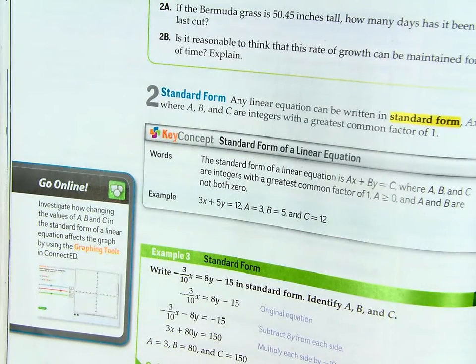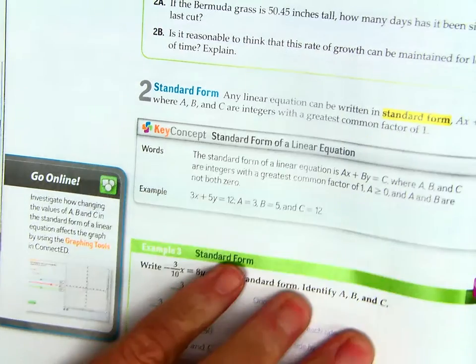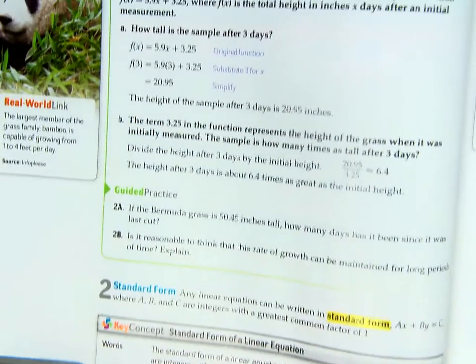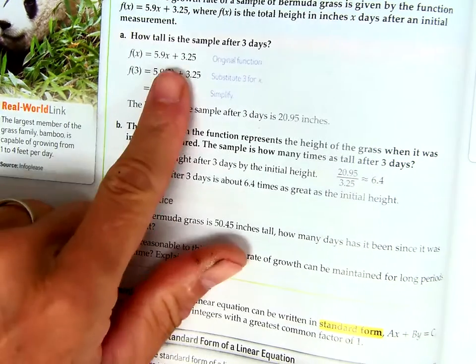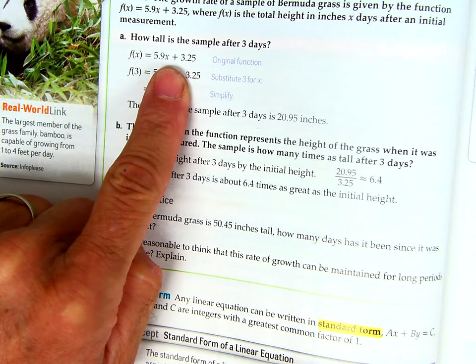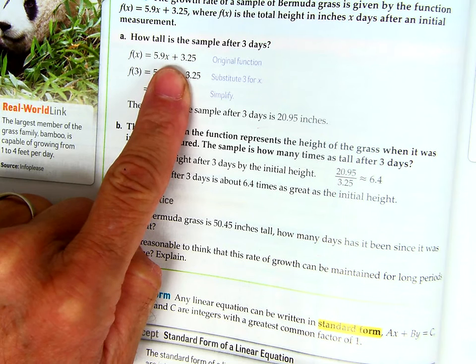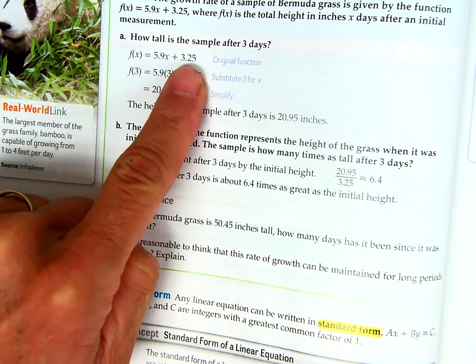Linear equations are pretty simple when they're in slope-intercept form. That's what we just got through looking at. And that function, what was the slope? Here it is, f of x equals 5.9x plus 3.25. What's the slope? 5.9. Slope. So this is the intercept.